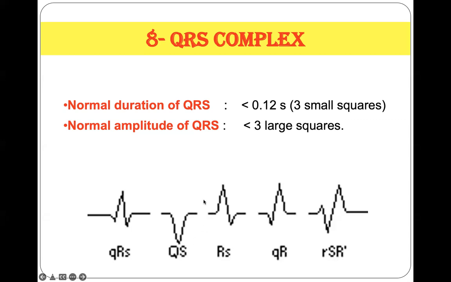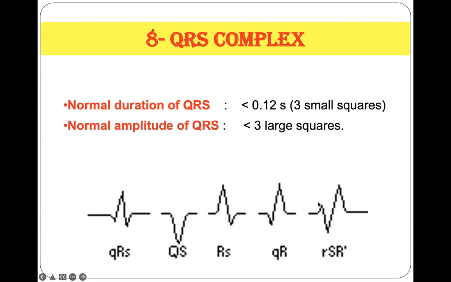If you look here, the P wave is followed by a positive deflection, so this is the R, and the negative deflection after R is S, so this is an RS wave. Here, the first negative wave is the Q, and the first positive one is R, so here it is a QR wave.